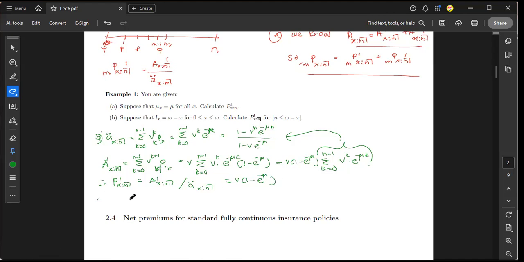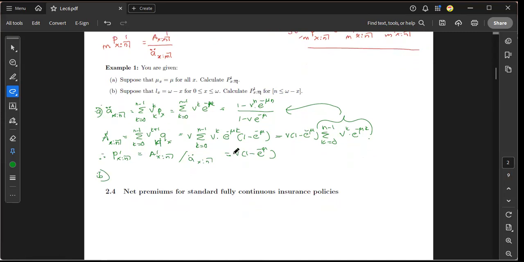And for part B, we have a uniform distribution of death. To calculate the same amount, again, we'll go with this first, and this one is given from here.